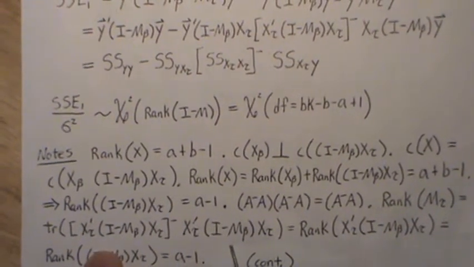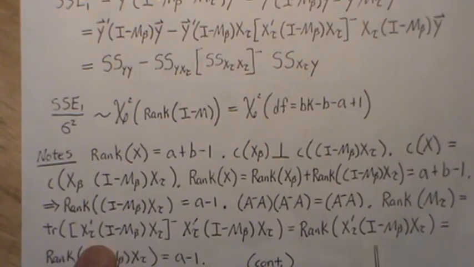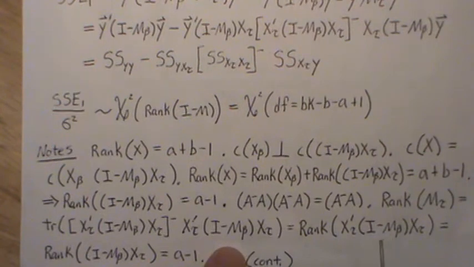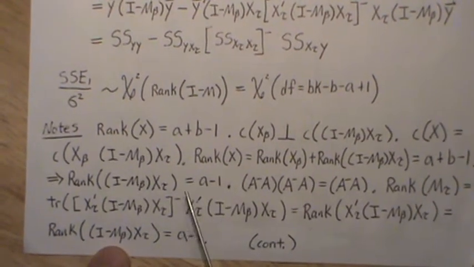So it is idempotent. So this trace is actually equal to the rank of one of those. Now this is an idempotent matrix, so the rank of this is actually equal to just the rank of half of it. But we just said the rank of this piece is a minus 1, right?